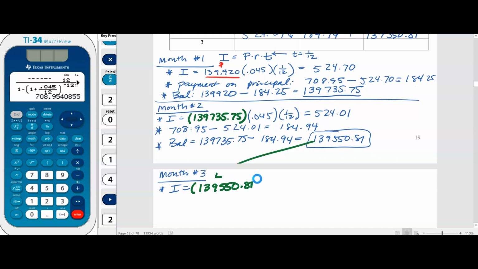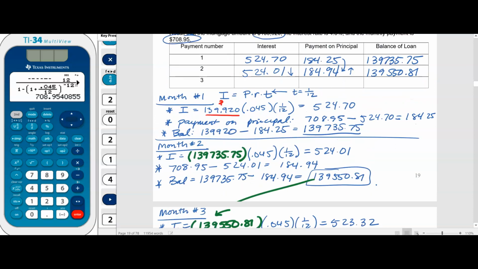That was my principal that I calculated in the last step, and that's going to be my new principal. So I'm going to multiply by 0.045 times 1/12. And when I do that, I end up getting $523.32. And I'm just going to scroll up a little bit here, that goes in this interest box for month 3.